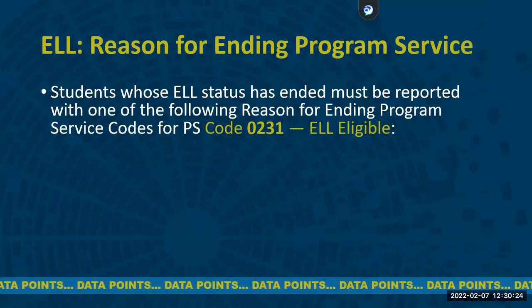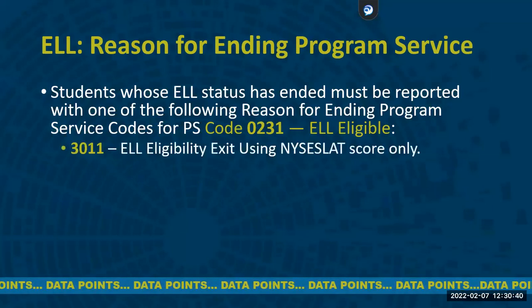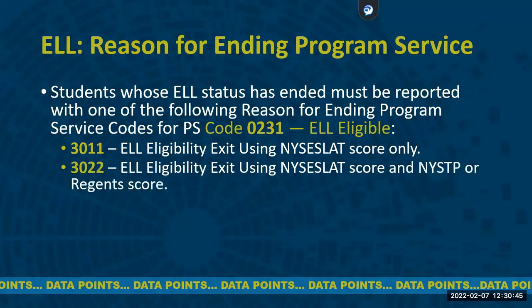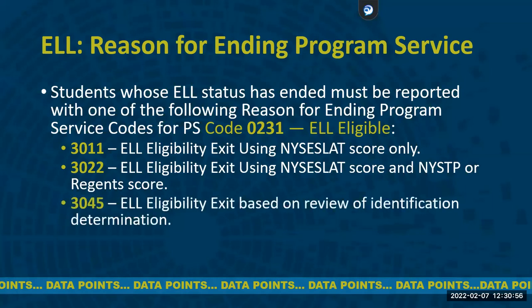Students whose ELL status has ended must be reported with one of the following reason for ending program codes, program service codes: 0231, ELL eligible. 3011, ELL eligibility exit using NYSED score only. 3022, ELL eligibility exit using NYSED score and NYSTEP or Regents score. 3045, ELL eligibility exit based on review of identification determination.